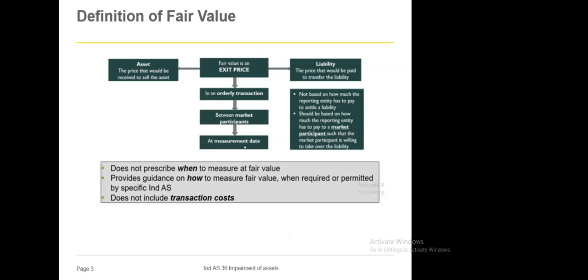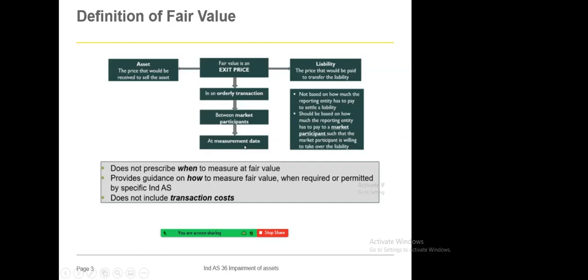That is why fair value is the price that would be received to sell the asset in an orderly transaction between market participants at the measurement date. Fair value of a liability is the price that would be paid to transfer the liability in an orderly transaction between market participants at the measurement date.